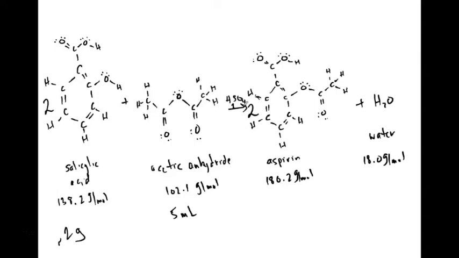Okay, and I write that above the arrow because it's not part of the reactants and it's not part of the products. It's actually a catalyst. So let's discuss catalysts for a minute. A catalyst is simply a compound or molecule.